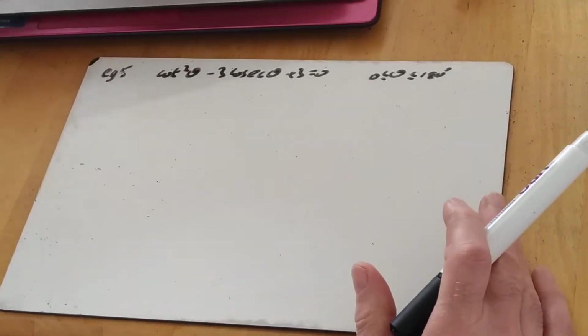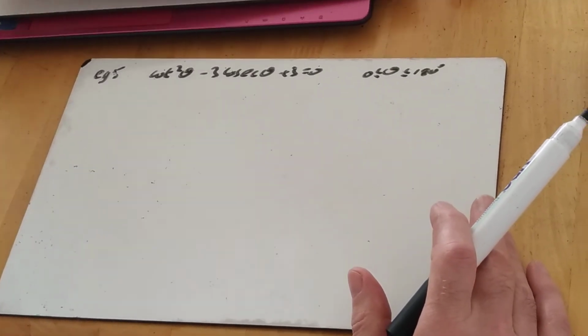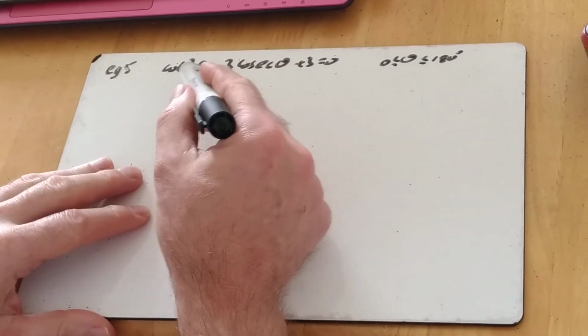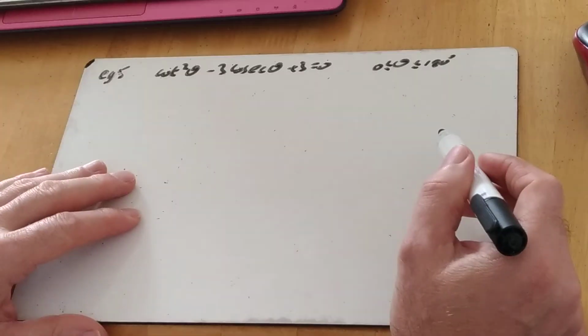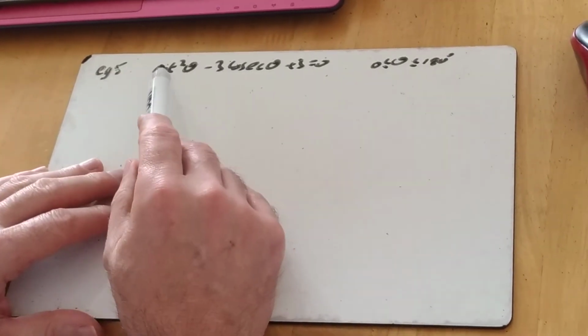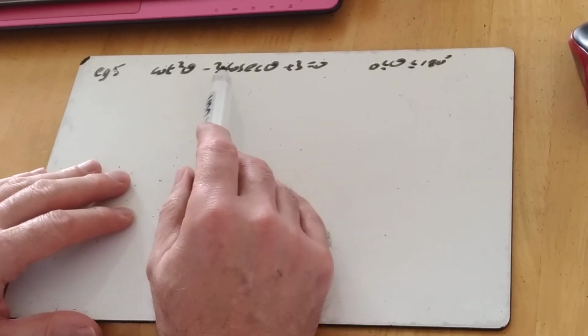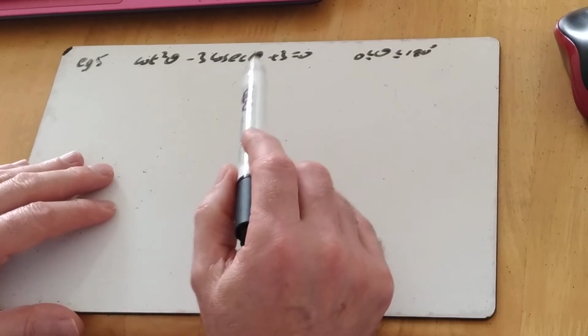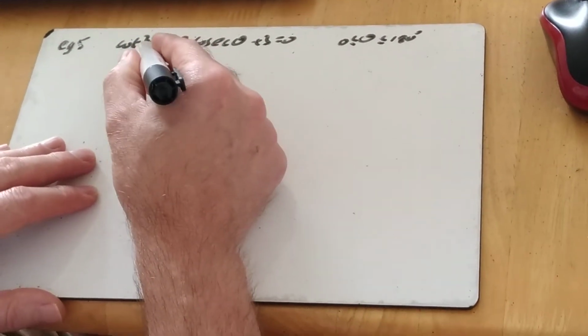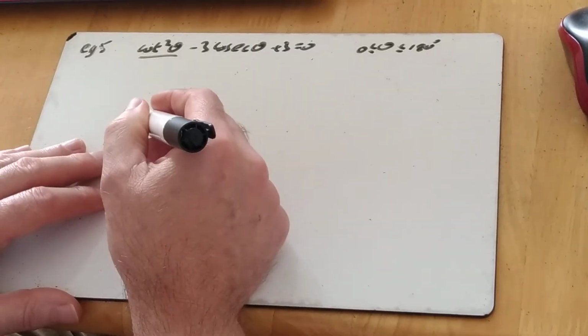I guess in the last one, same sort of idea. I've got a cot squared, I've got 3 cosec theta plus 3 equals 0, only 0 to 180. I might still, even though it's a quadratic, get 2 solutions. There's a possibility of still looking at 4 answers all in all, and we'll see why in a moment. So I'm going to do my substitution for cot squared.